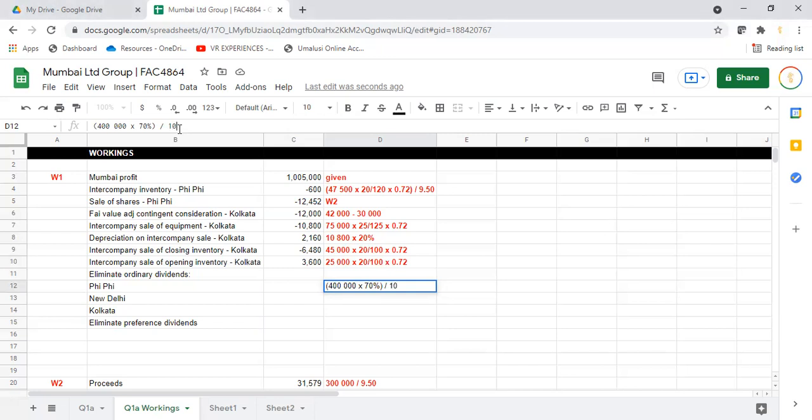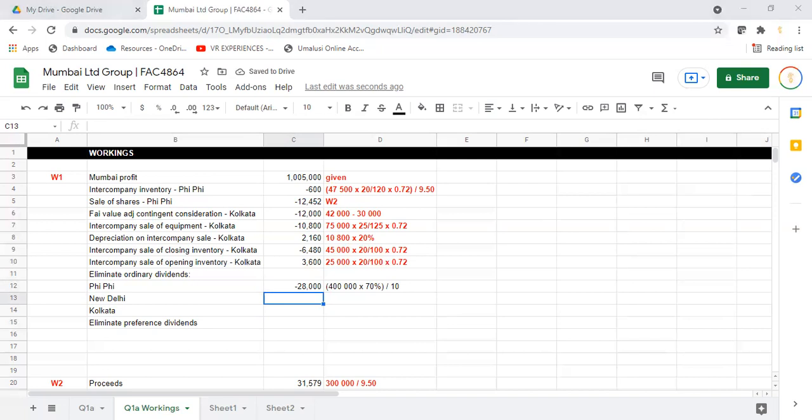So for Fifi, we need to say 400,000 times 70%, because that was our interest at that date, divided by 10. So we received 28,000, but we need to decrease it, because included in our profit or loss is that 28,000. We don't want it there. It's in the group, so therefore we remove it.